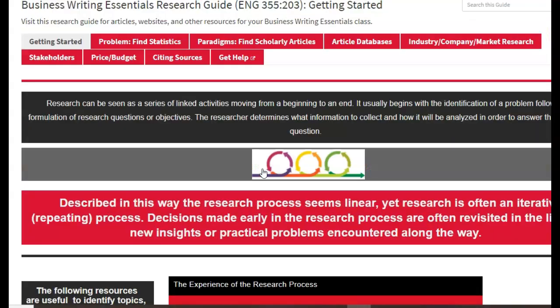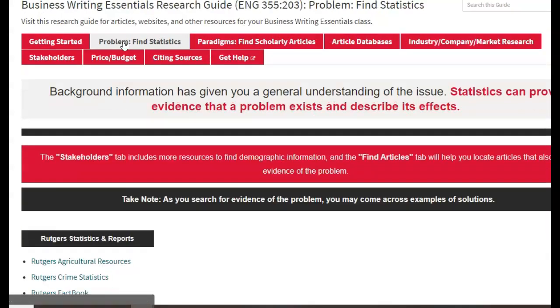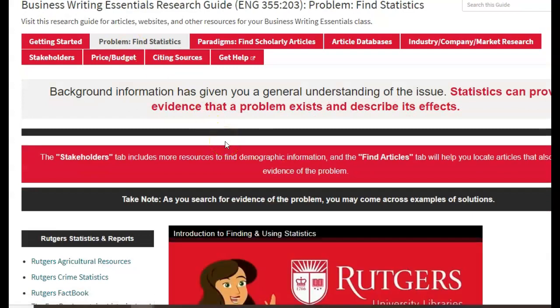Let's take a closer look at another page here. The second page in the research guide is devoted to finding statistical information. Statistics are a very persuasive piece of information to have at your disposal, and they're particularly useful in describing how much impact a problem has.